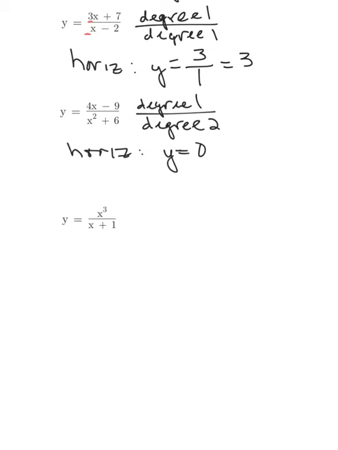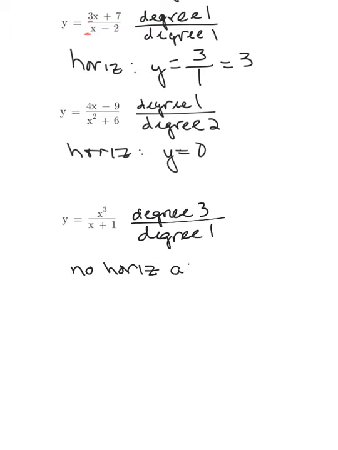On this one, our numerator is degree 3, and our denominator is degree 1. Anytime the numerator is larger than the denominator in degree, there is no horizontal asymptote.